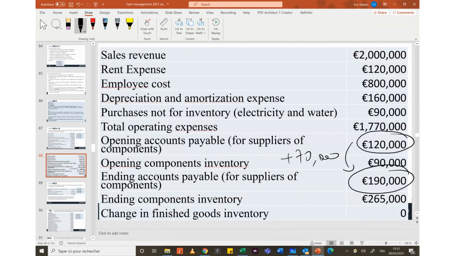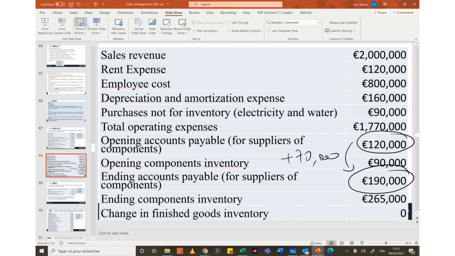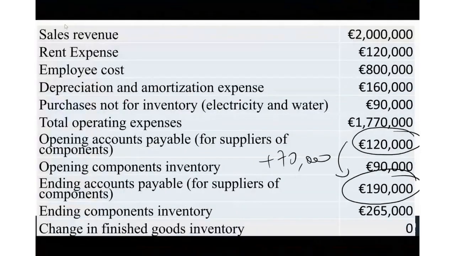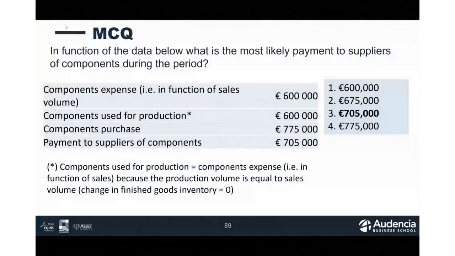The only way to increase your liabilities is because your expenses are higher than what you pay. So here, we purchase more than what we pay. It's not exactly expenses, here it is purchases. So here, we have minus the increase in accounts payable.